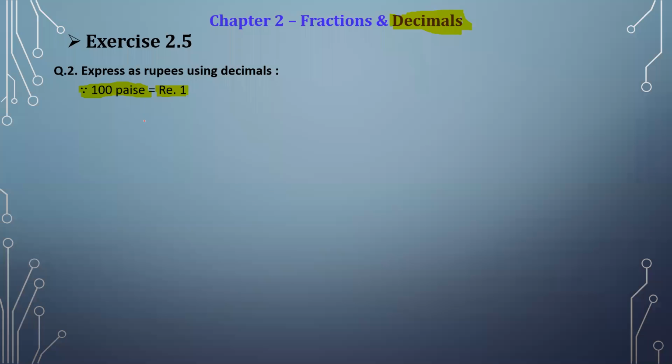For that purpose, we just transfer this 100 to the other side. Initially that 100 is in multiplication, so after transferring to the right hand side, it goes to the denominator, and therefore we can write the value of 1 paisa like this: Re 1 upon 100.